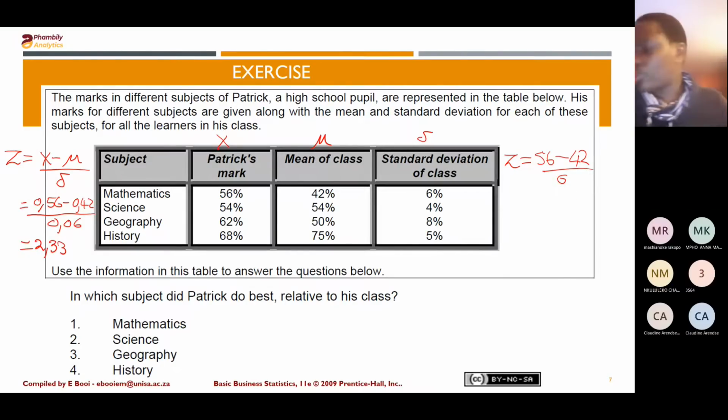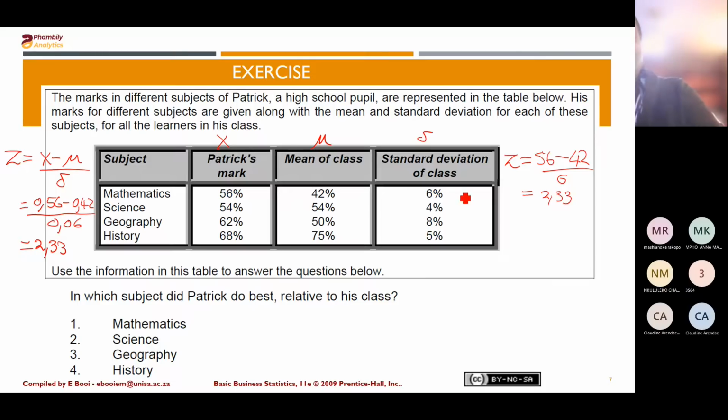Let's see if we get 2.33. So you will get 56 minus 42 equals, divide by 6 equals 2.33. So in order for us to save that time, we're just going to use the percentages as they are, and always remember that these are percentages.